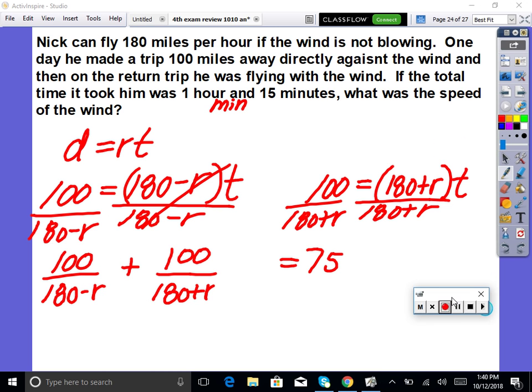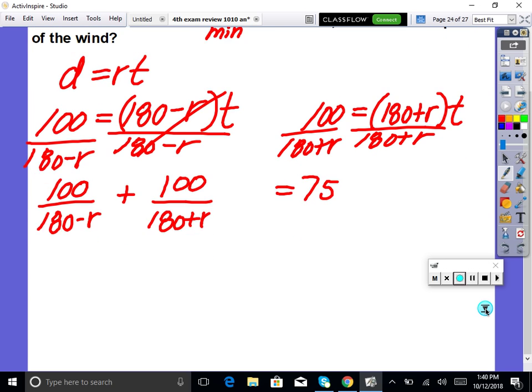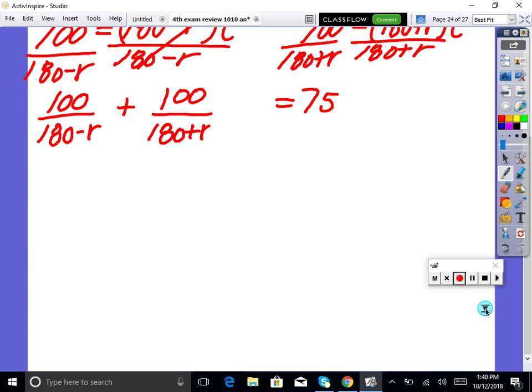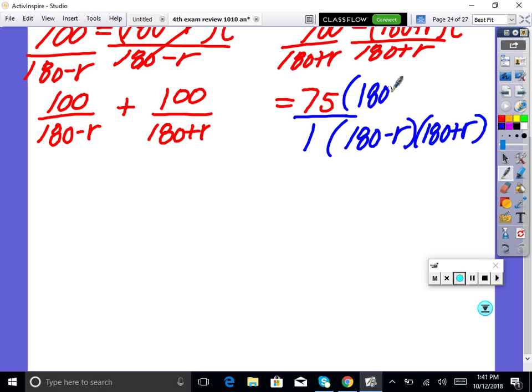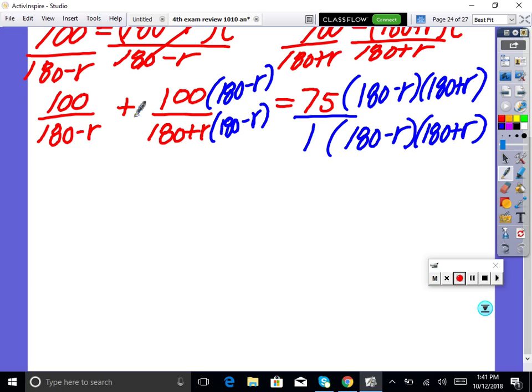Let me scroll up here and give myself some room. This is over 1, so we would need a 180 minus r, and a 180 plus r. This one would need a 180 minus r. Ignoring my denominators now.